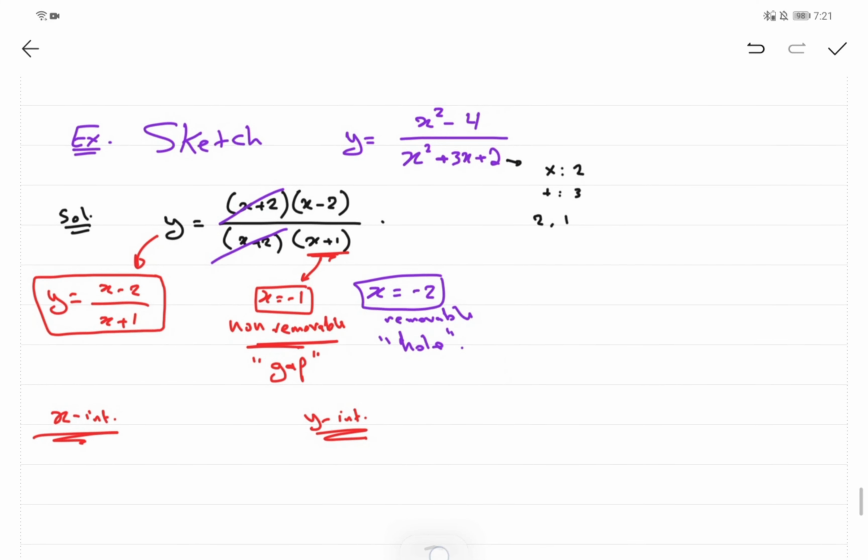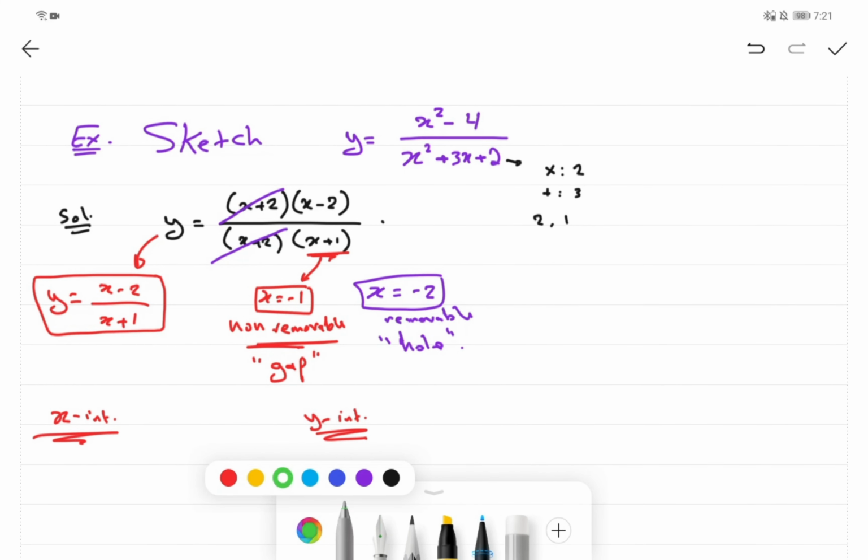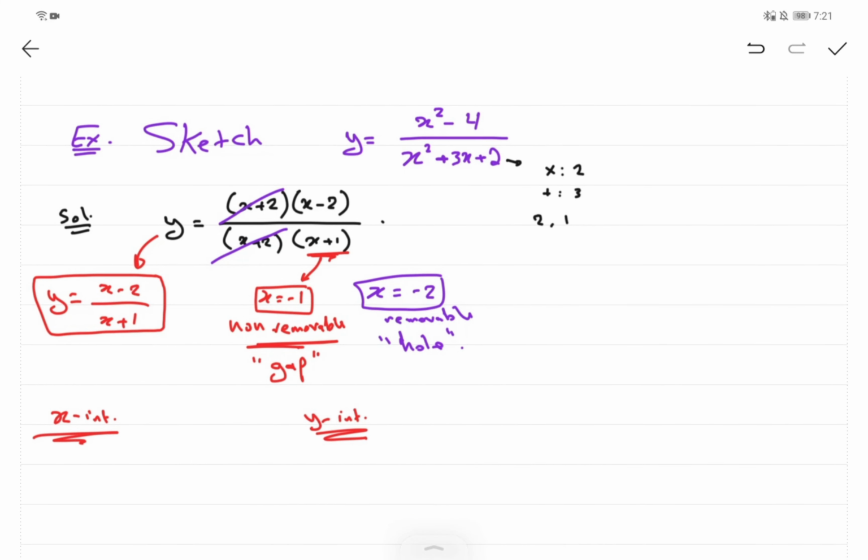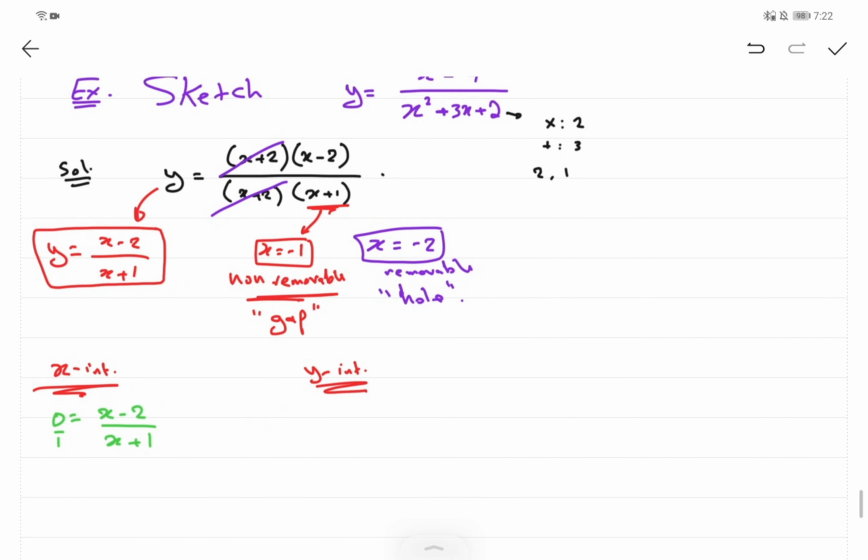Now the x-intercept: replace y by 0, so it's going to be 0 equals x minus 2 over x plus 1, and if you notice, we always ignore the denominator in this situation because we multiplied by 0. So it's going to be x minus 2 equals 0. Solve for x is going to be positive 2.